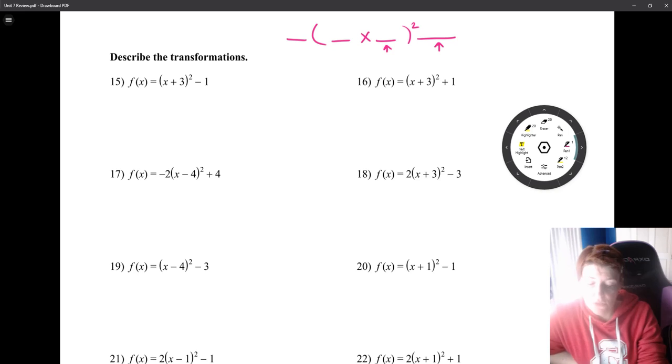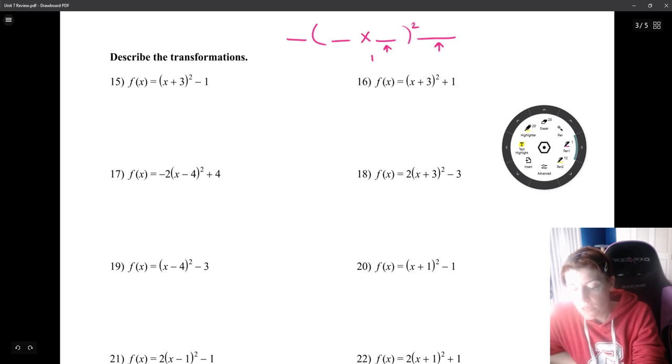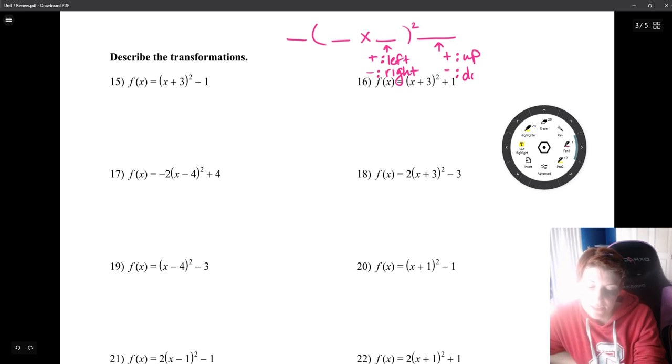I don't really need you to do that much. All you need to know is that a plus on the first line in the parentheses with the x means you're going left, and a minus means you're going to the right. On the last line, a plus means you're going up, and a minus means you're going down.